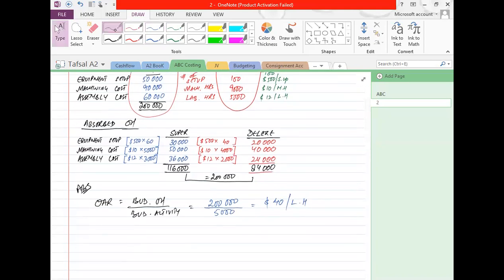And we need to distribute between Super and Delexi. For Super, 40 into 3,000. And for Delexi, 40 into 2,000.